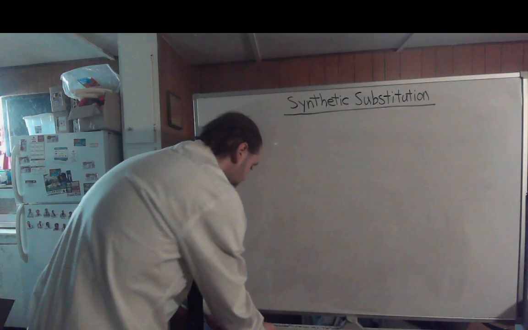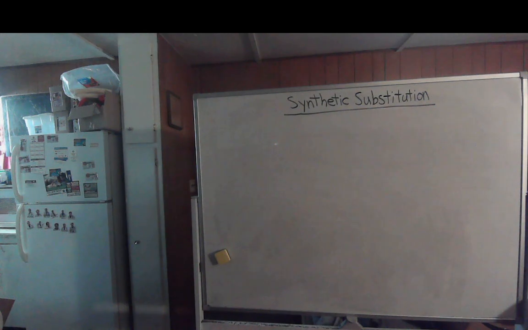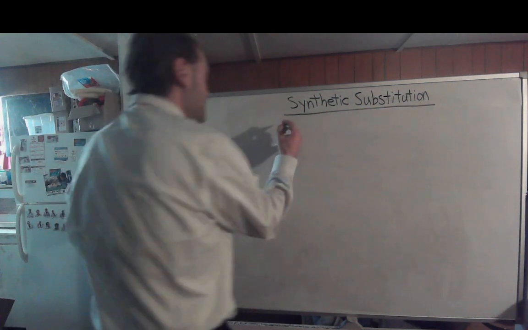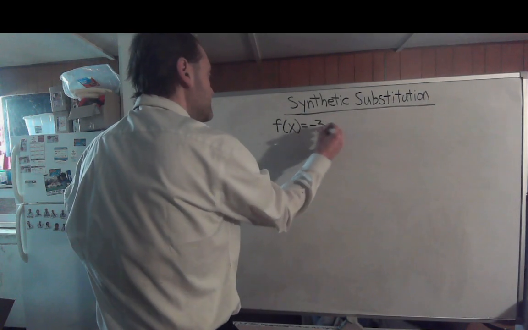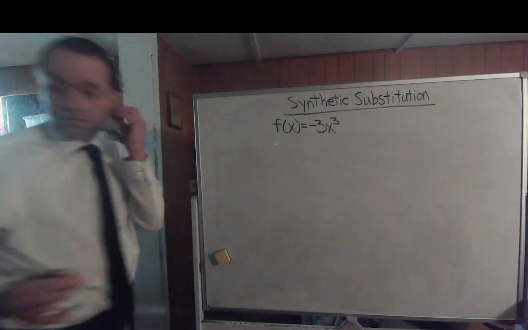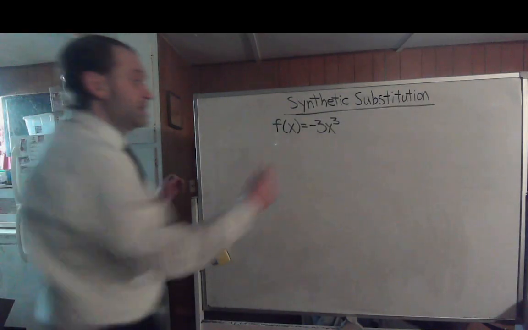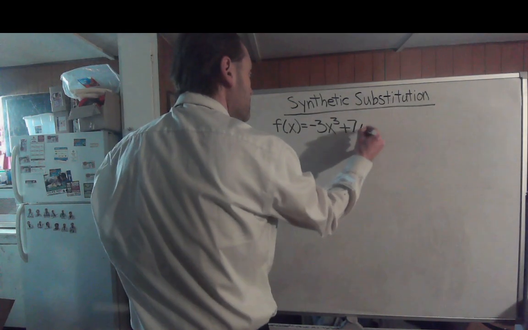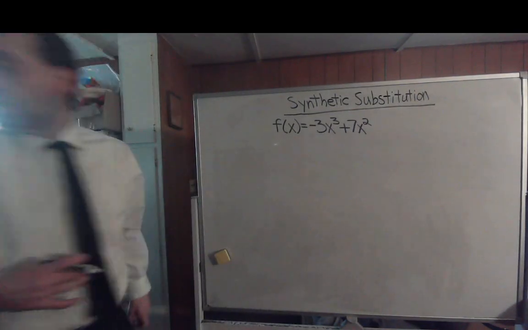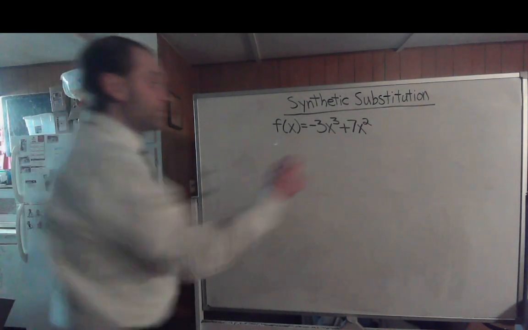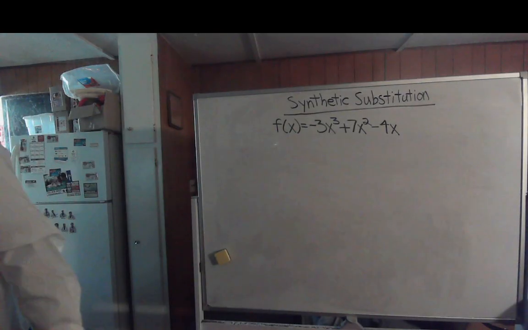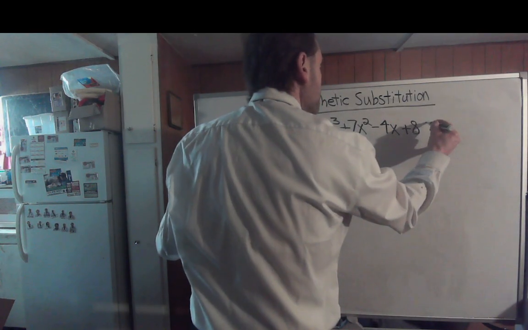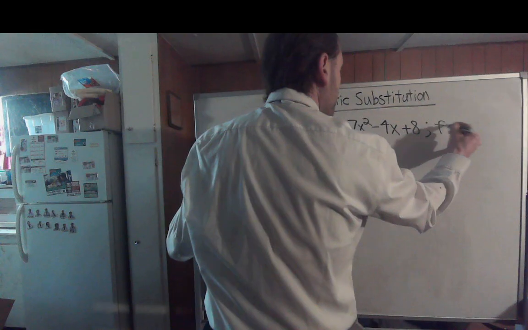Alright, so what if we have f of x is equal to negative 3x to the third plus 7x squared minus 4x plus 8, and this time they want us to evaluate f of 3.